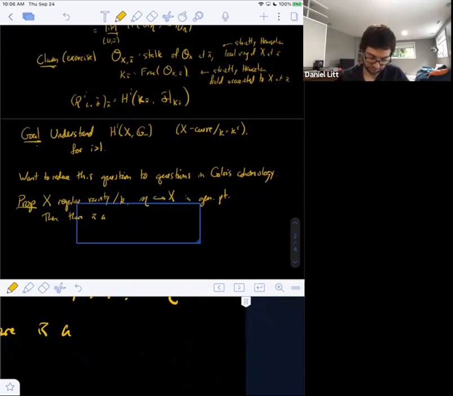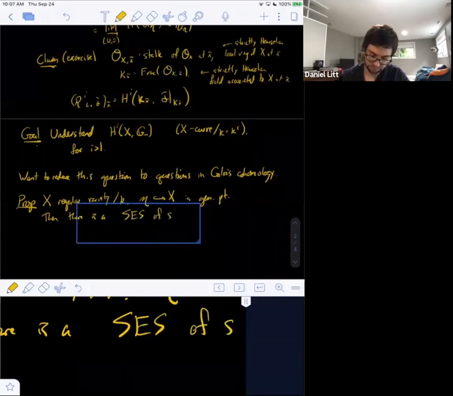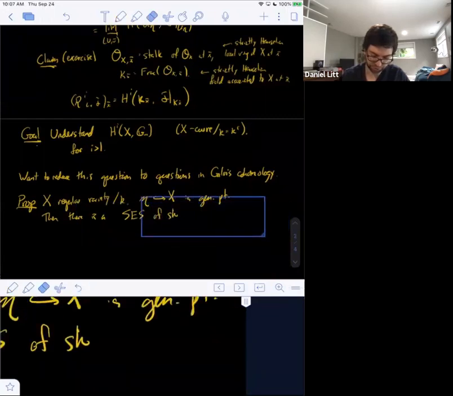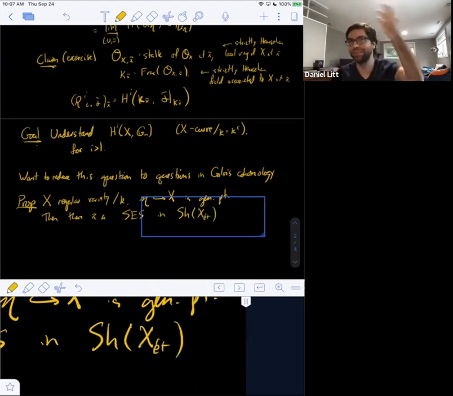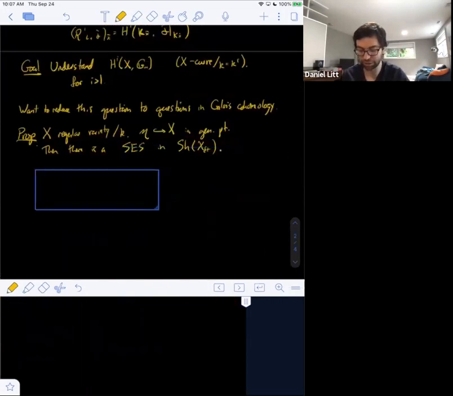Then there's a short exact sequence of sheaves. Maybe I'll write that as a short exact sequence in sheaves on X étale. I mean, this theorem will be true in a lot more generality than I'm stating it. It will be true for X equals Spec Z, for example. But let's just state it in this generality for now.